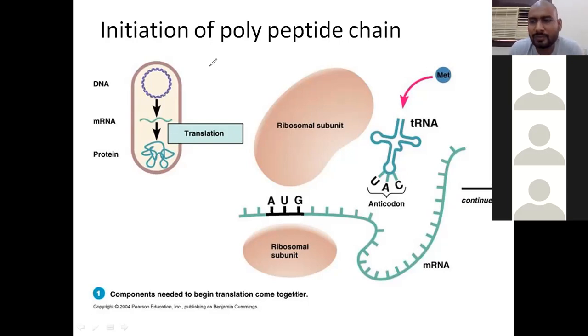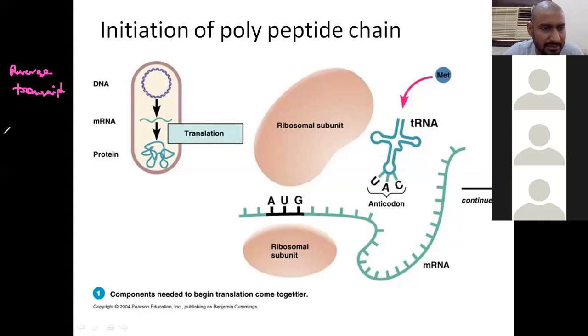Viruses, sir. No, not viruses. I told you reverse transcription. Virus is already an exception, everything is an exception there, because a virus is not considered a cell. It is the connecting link between living and non-living beings. So, reverse transcription.